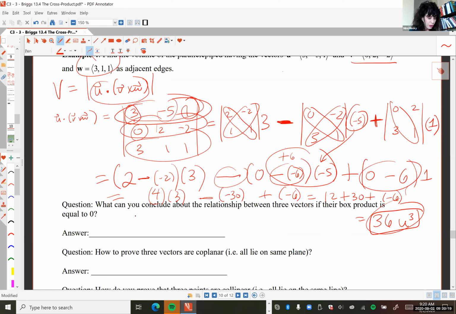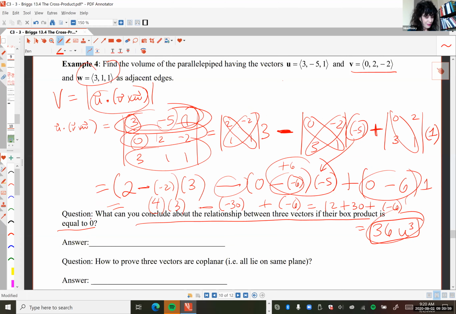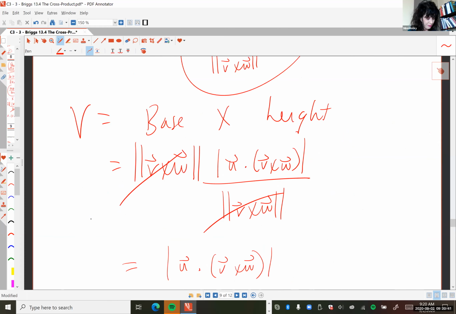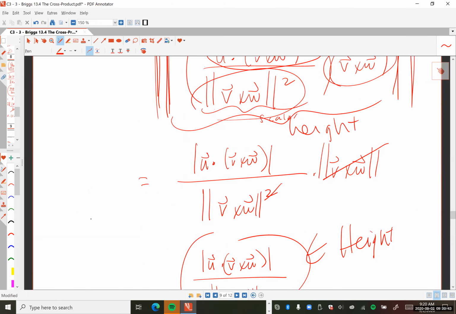Question. What can you conclude about the relationship between three vectors if their box product would be equal to 0, which is totally a possibility? What does that mean about those three vectors? Any ideas? Are they parallel to each other? They're not parallel, but you're on the right track. Orthogonal? Nope.